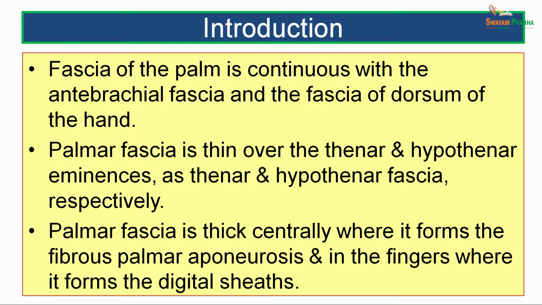Deep to the palmar aponeurosis lie the long flexor tendons of the digits along with the lumbrical muscles. Deep to these structures, the fascia shows the potential spaces which are called the palmar spaces.